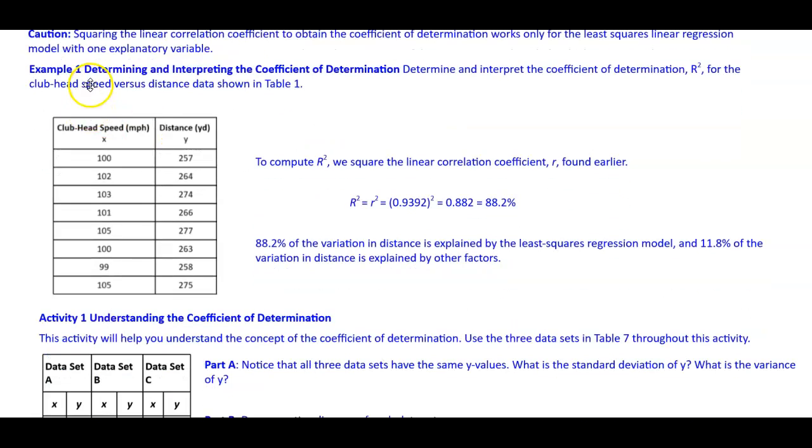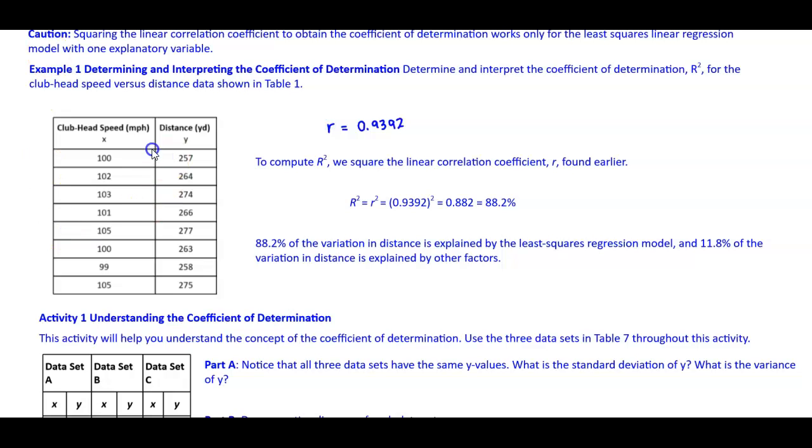So, for example 1, determining and interpreting the coefficient of determination. Determine and interpret the coefficient of determination for the club head speed versus the distance data shown in Table 1. Well, let's recall what the linear correlation coefficient was. We found that R was equal to 0.9392.